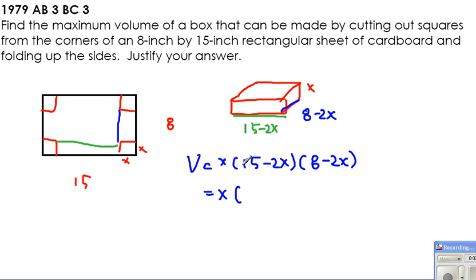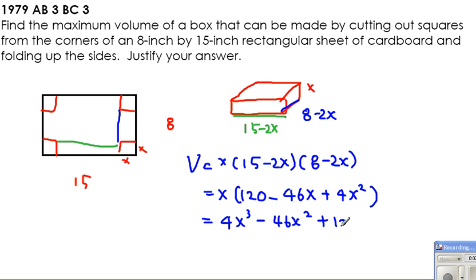First, I like to multiply those two things out. 15 times 8 gives us 120. Then minus, this portion becomes 30 and 16, so minus 46x. The last term becomes plus 4x squared. Now by multiplying x to all of them, we get 4x cubed minus 46x squared plus 120x.